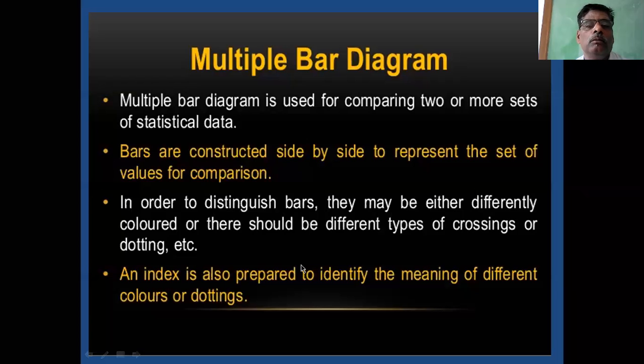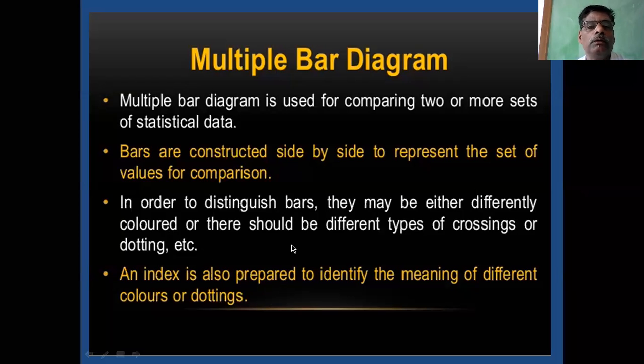Multiple bars, more than two bars, are used to explain the details of the statistical data. Bars are constructed side by side to represent the sets of values for comparison.